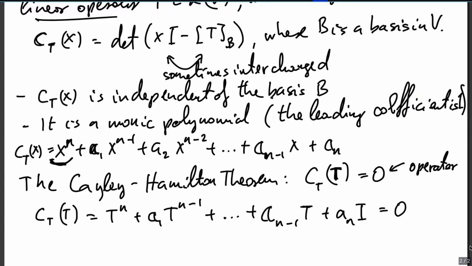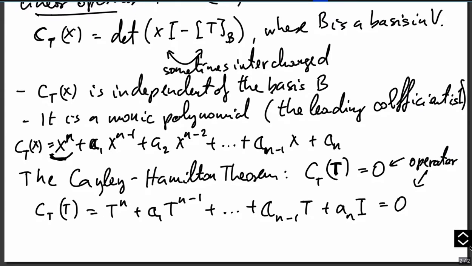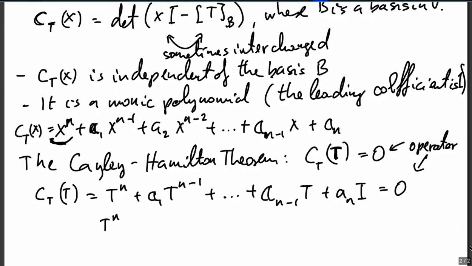And this is supposed to be the 0 operator. Also note that a power of T, for example T squared, is just T applied twice, T circle T. T cubed is T applied 3 times, one after the other, on a vector.